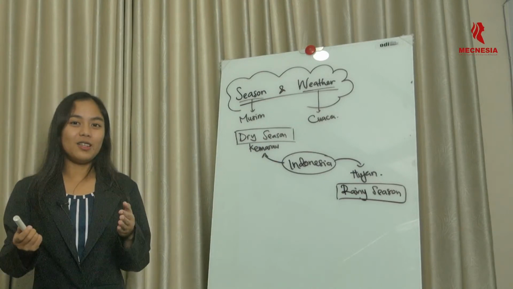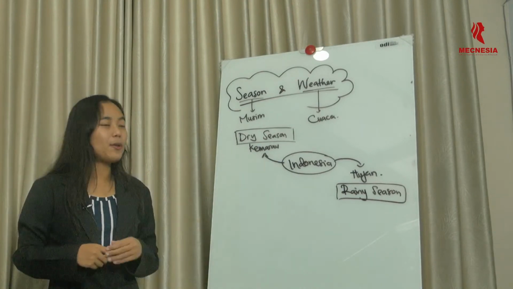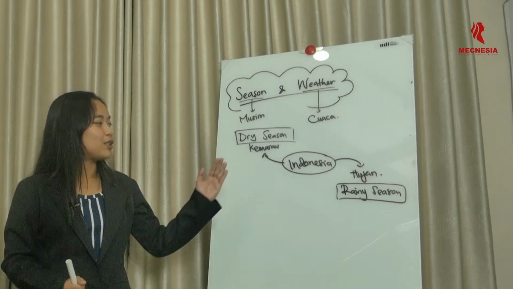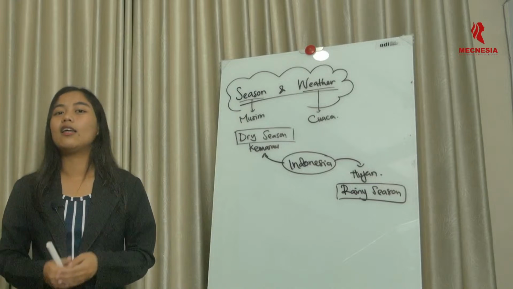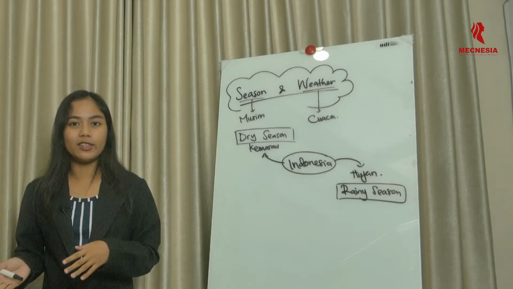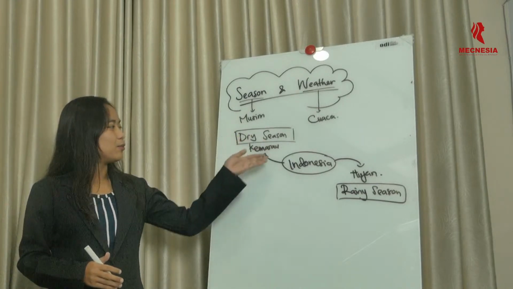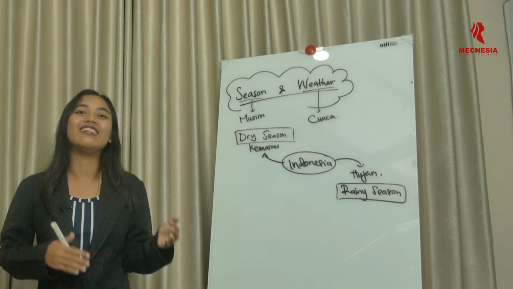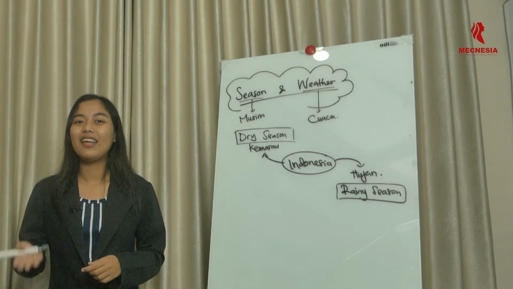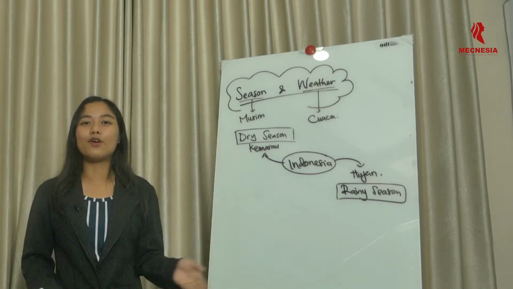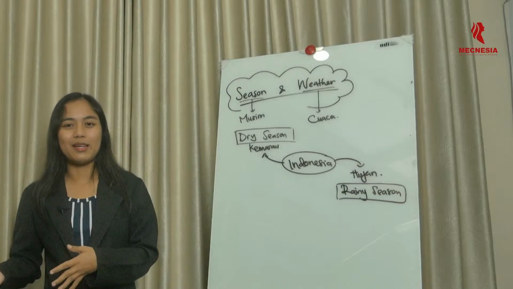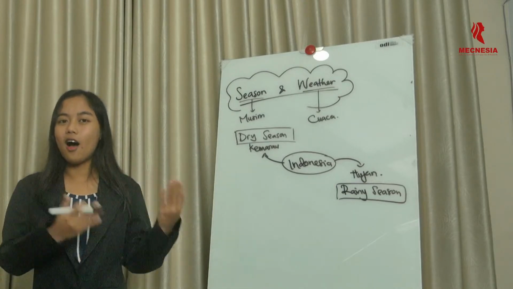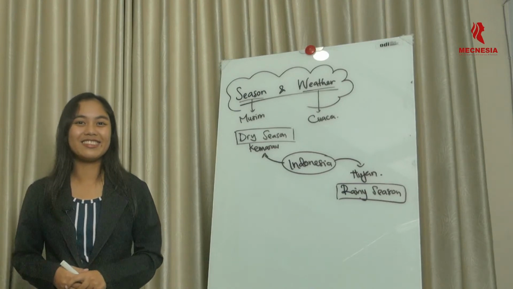Okay, so usually in Indonesia kita bakal dapat musim hujan dari bulan Oktober sampai bulan Maret. So rainy season usually happen in October to March. Meanwhile, musim kemarau or dry season happens around April until September. Let's say it. Dry season is from April to September, and then rainy season is from October to March.